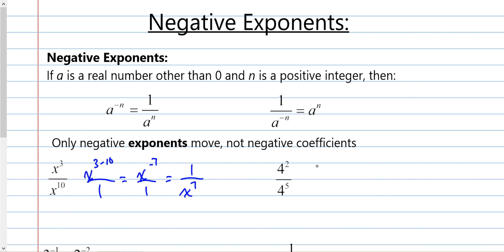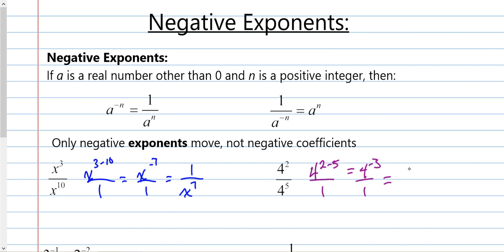With my 4s, you might be tempted to cancel them right away and say this is just 1. Unfortunately, you're ignoring the order of operations, which says you must deal with your exponents before you can do anything else. So we need to say this is 4 to the 2 minus 5, which is 4 to the negative third. And remember, these both have denominators of 1.